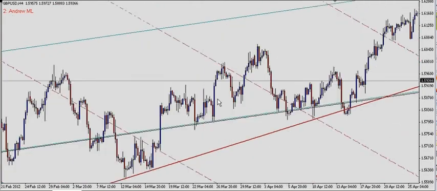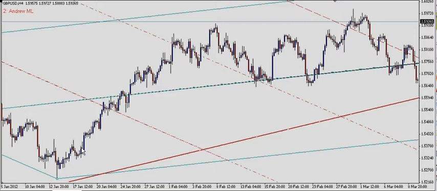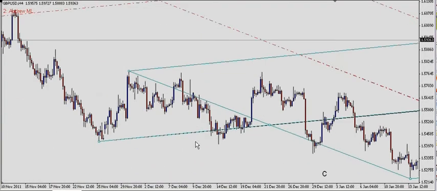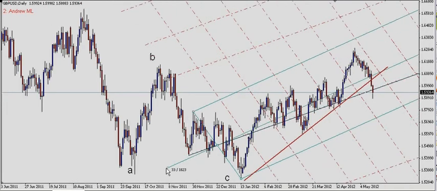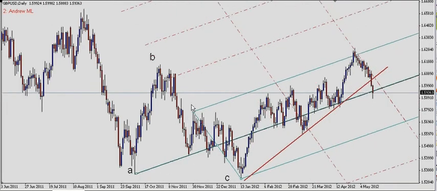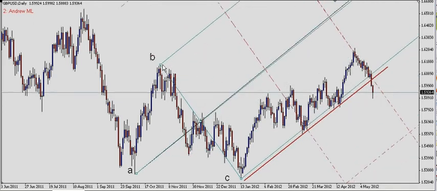But what I'm trying to illustrate here is price is never just operating in one fork. I don't know how people can even think that for a moment. Price is not operating in one fork, because price is being affected by more than one part of its history. In other words, a multitude of pivots.